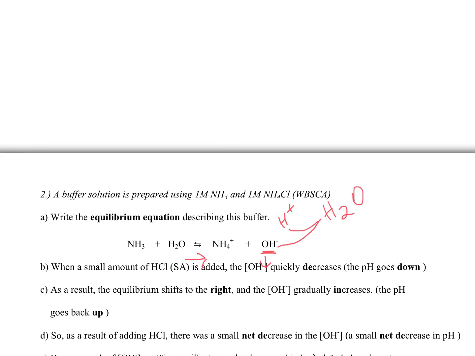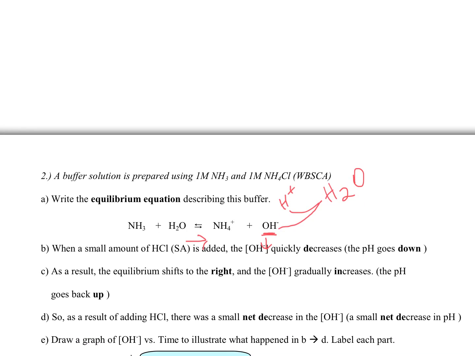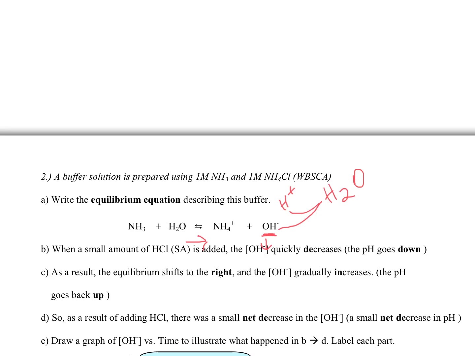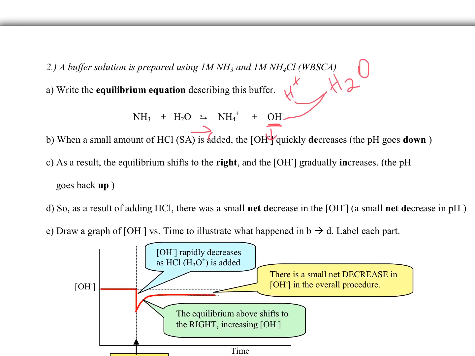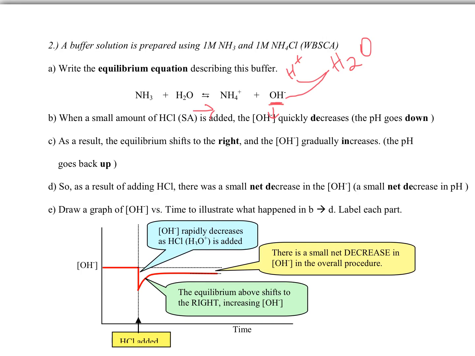from the HCl. If I was to draw a graph of this using my concentration of hydroxide versus time, it would be very similar to what I showed you of using pH versus time. We have our hydroxide concentration on our y-axis, time on our x-axis. Our hydroxide concentration is constant until we add HCl.